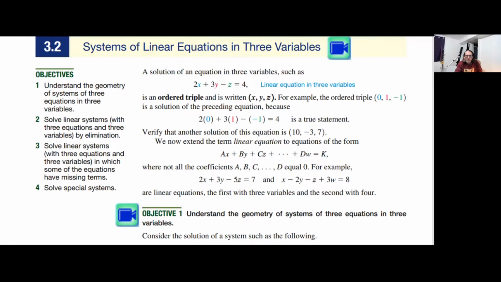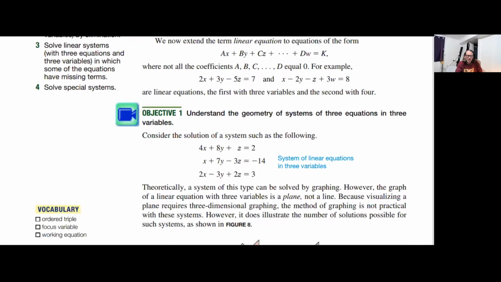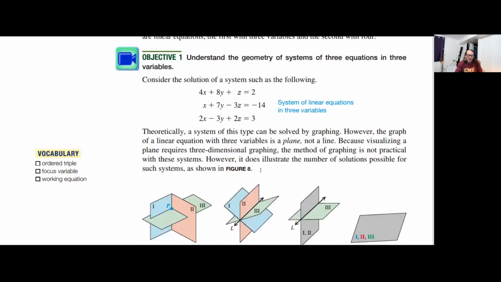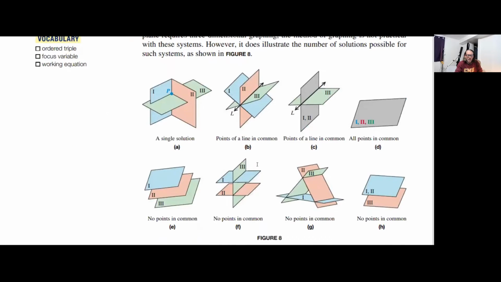I want to point out that there are still overall three possibilities. Either one solution where all three planes intersect at a single point, or you could have no solutions or infinitely many solutions, although things get a little interesting with those last two special cases. And they show that here on the first page of the section.